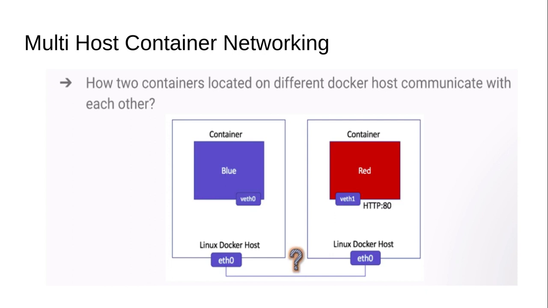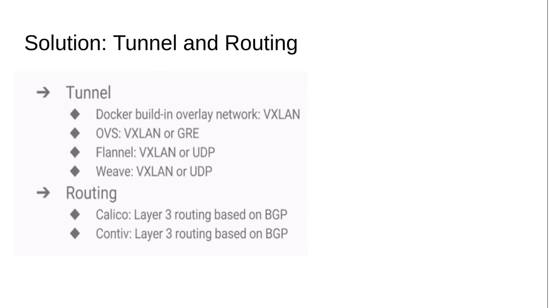All the tunneling or routing can be done through multiple open source plugins. There are a lot of them, like Calico, Flannel, Weave, Contiv. All these networking plugins or networking drivers are available in the market. We can simply install them on our Docker network and then use them.